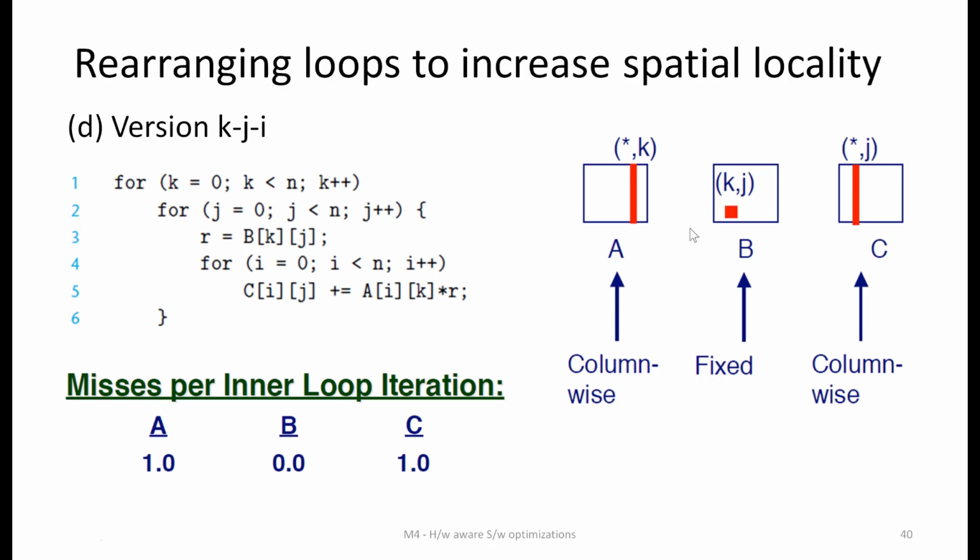There is no access for B, so there are no misses for B, and the C matrix will also be accessed column wise. So the performance of these two versions would be more or less similar.